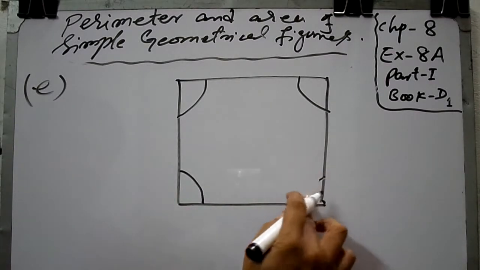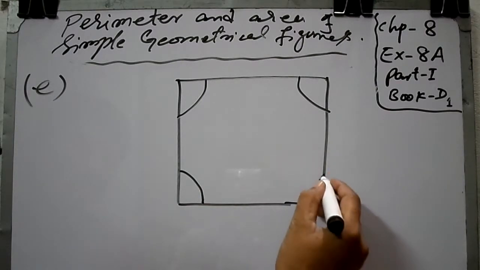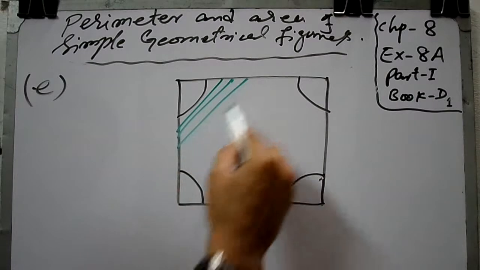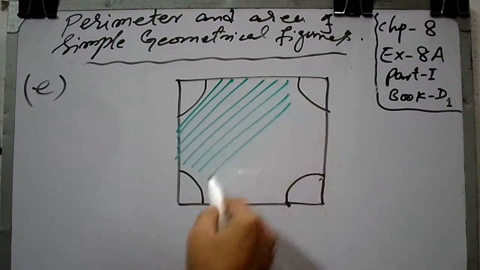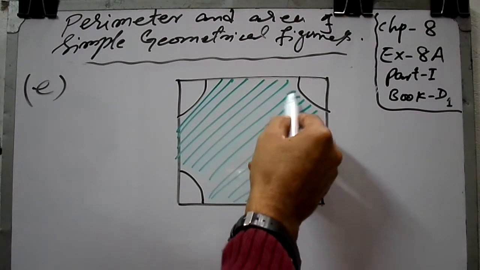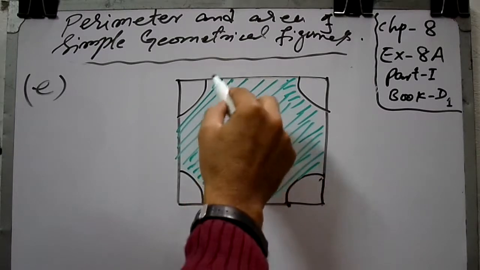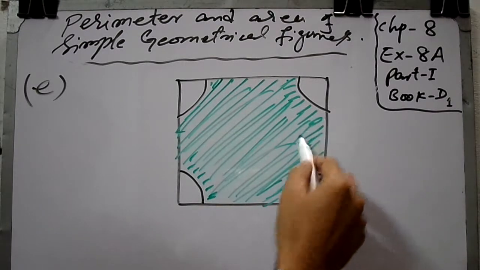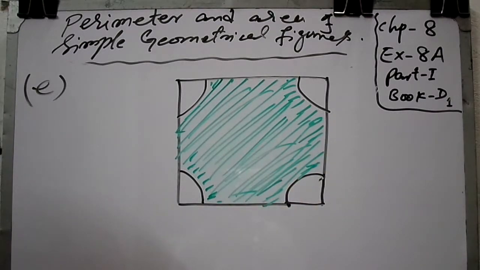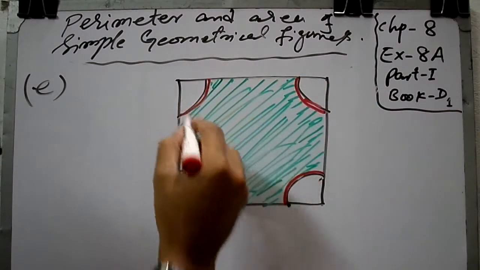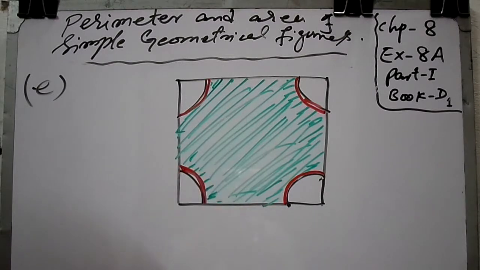So we have to find all the portions that are shaded like this. The configuration you can see in your textbook. So it means quadrant 1, quadrant 2, second, third and fourth quadrant.